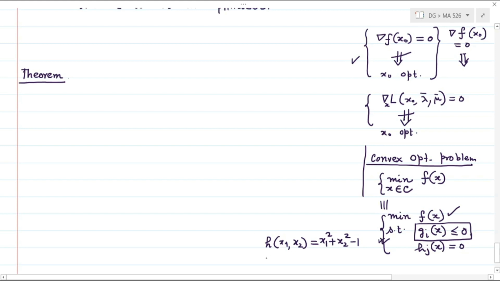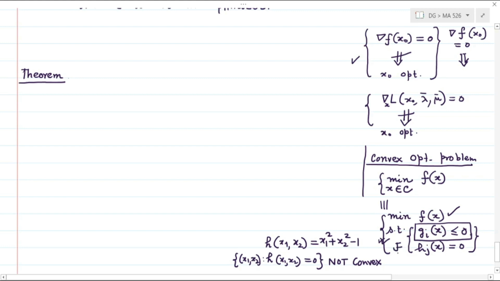But if I take the set of (x1, x2) such that h(x1, x2) = 0, this set is not convex. If it is a non-convex set, then obviously the feasible set of the problem is not necessarily convex if h_j is convex.